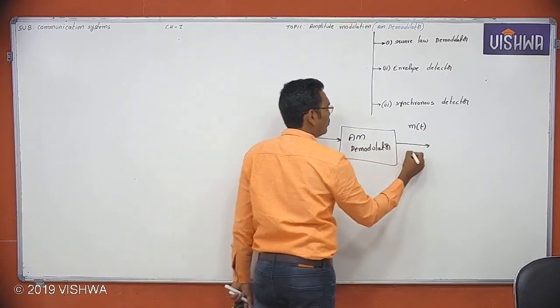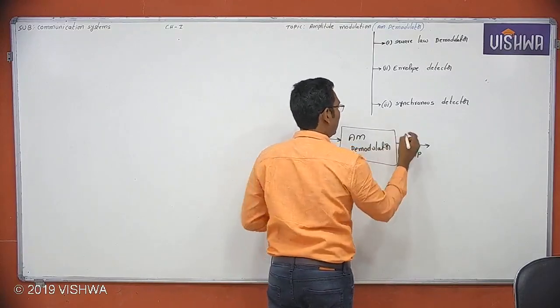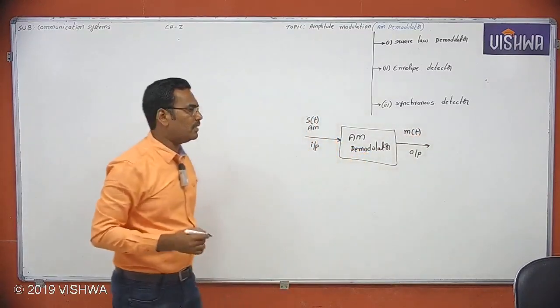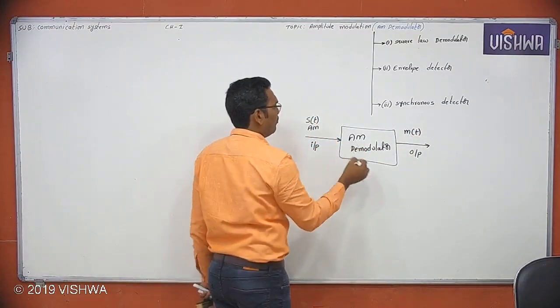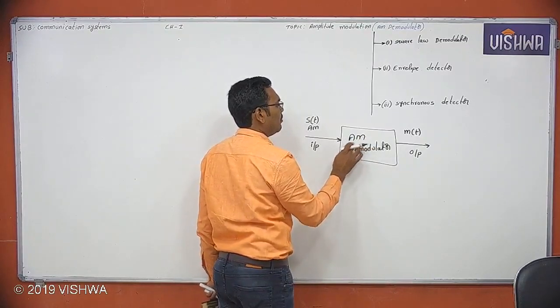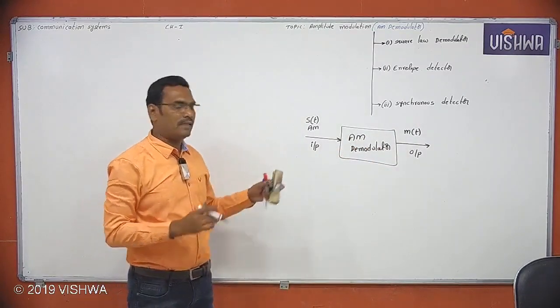So what should be the procedure involved in a particular demodulation technique, such that we can easily get back our original message signal? That's what we concentrate on here. What is square law? What is envelope? What is synchronous? How will each of these demodulation techniques get back the original message signal?